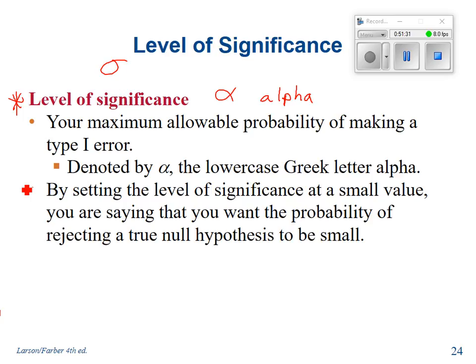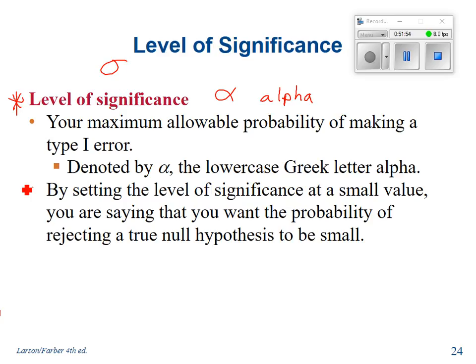By setting the level of significance at a small value, you're saying you want the probability of rejecting the null hypothesis to be small. Our level of significance is going to be like our levels last chapter where we had 90%, 95%, 99%, except this time it's going to be the other end.